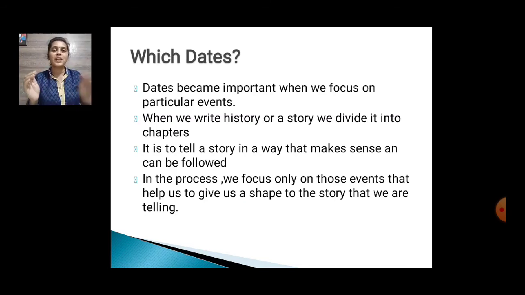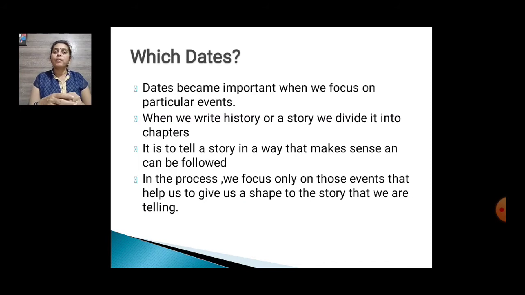We are going to study the entire process one by one, as chapters, as slots. Otherwise, if I say all the points in one particular class, you will not be in a position to understand, and that's why it is divided into different parts. It is to tell a story in a way that makes sense and can be followed. कुछ sense है इसमें, and that can be followed.